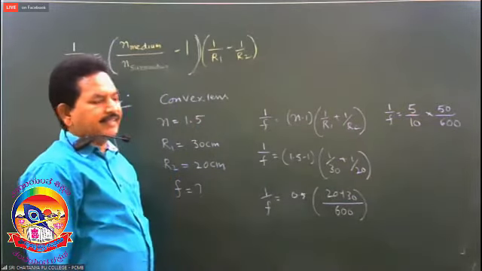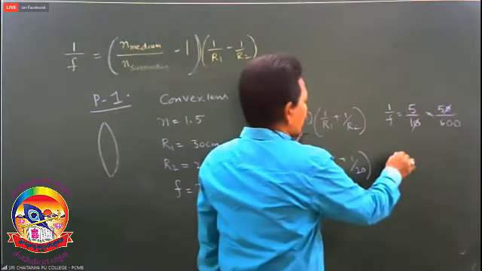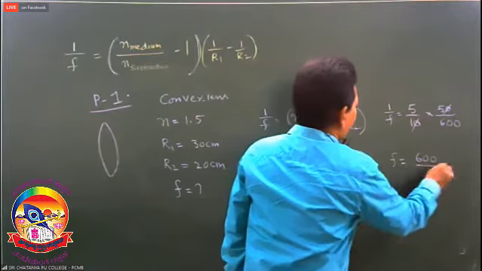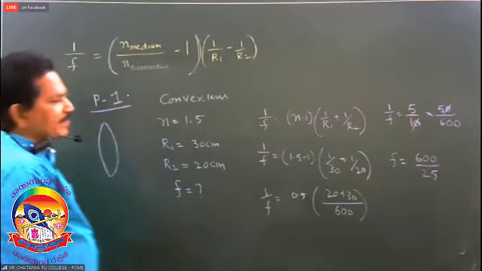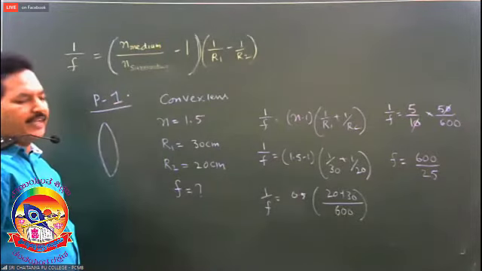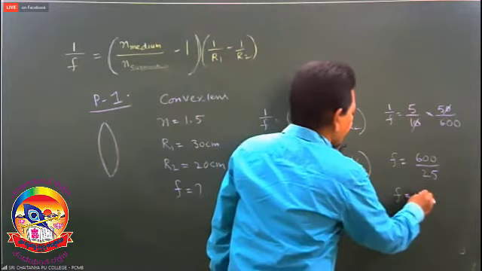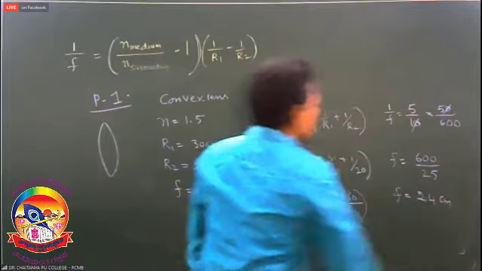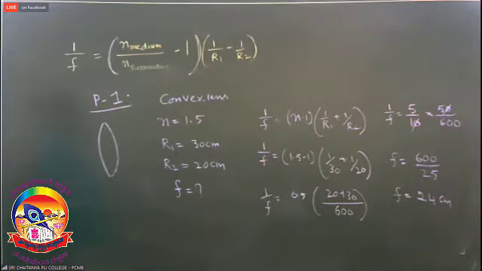The zeros cancel. So F is equal to the reciprocal, 600 by 25. 5 fives are 25, 25 twos are 50, 25 fours are 100. So the focal length of the lens is 24 centimeters.